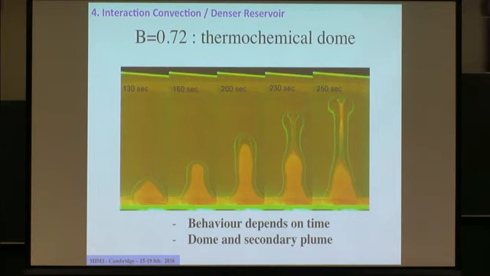So thermochemical plumes and domes have a behavior that depends very strongly on time. And in this case, as soon as you have a buoyancy ratio typically greater than 0.6, you will have the formation of dome and secondary plume. You can see that you're still entraining a little bit of the denser material, but it's a filament in the center of your plume.